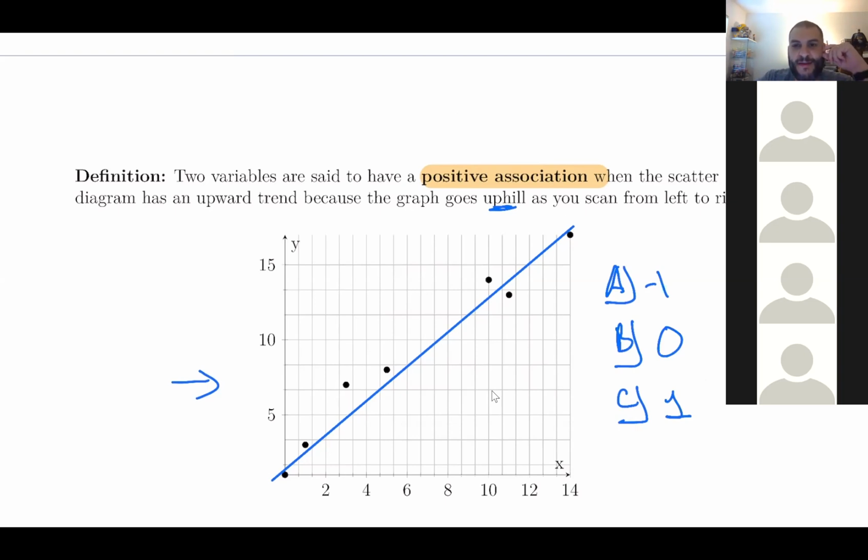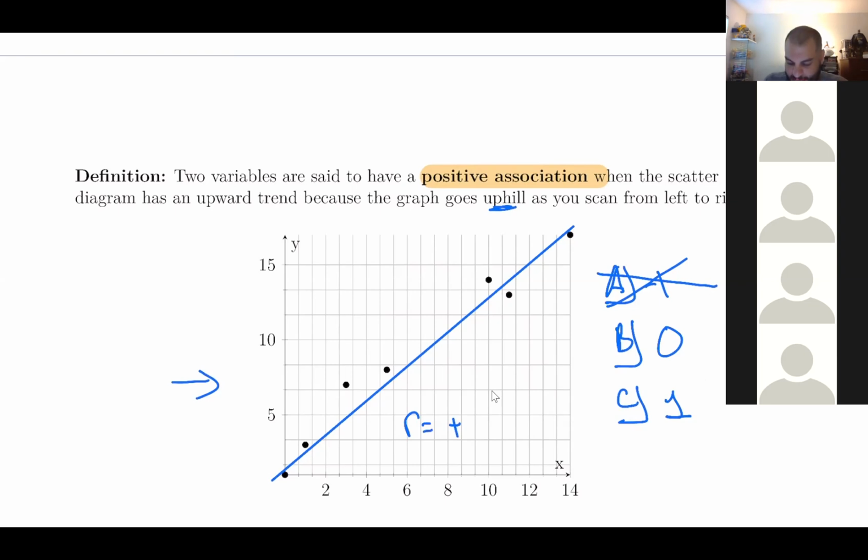For this one, we said it had a positive association, correct? So if it's a positive association, that means R should be positive. So if you said A, well, that's why A is not correct, because since it's going upward, you should already know it should have a positive number. So you should know A is not one of the answers.